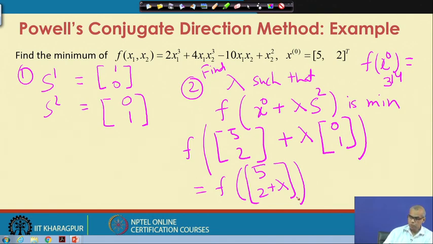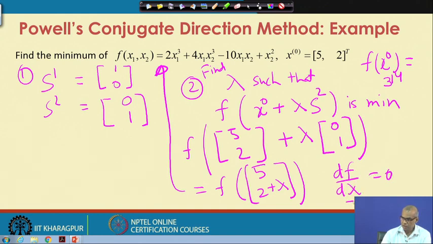So, you put x 1 equal to 5 and x 2 equal to 2 plus lambda in the original expression. We will get an expression in terms of lambda, so you will get a function of lambda. Then you can set df d lambda equal to 0 and find the value of lambda.